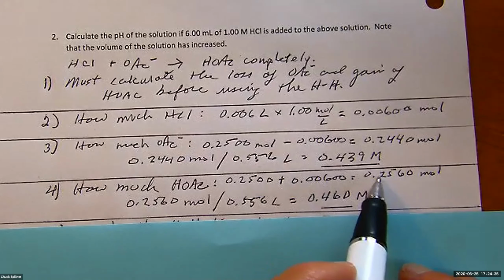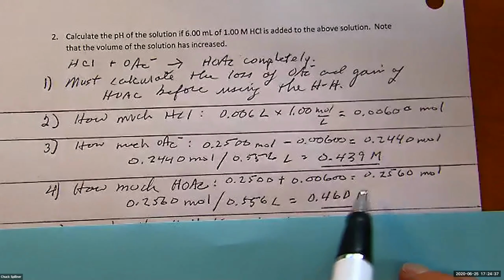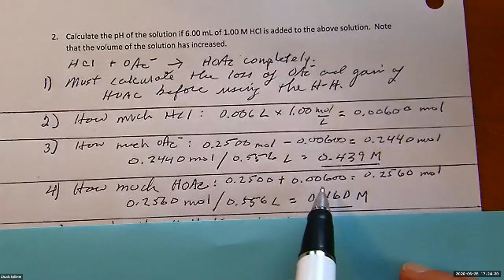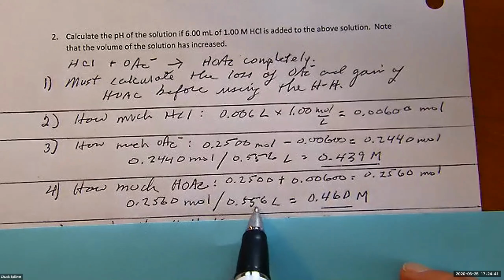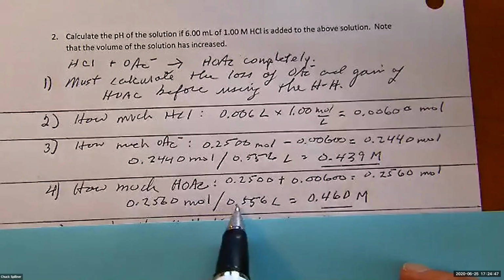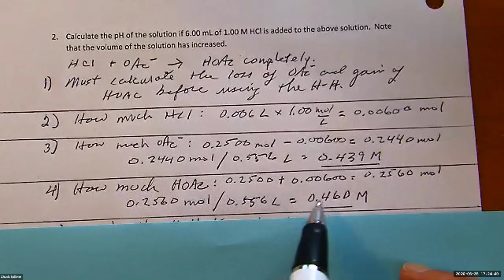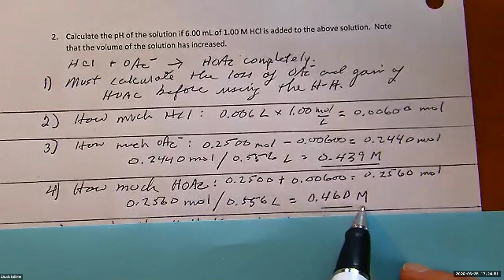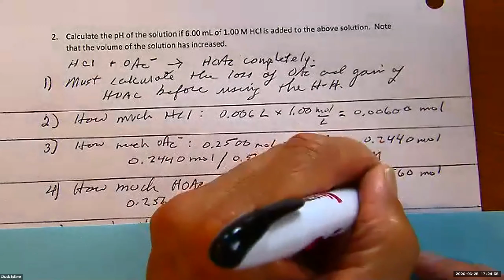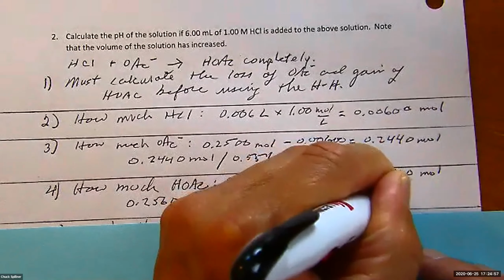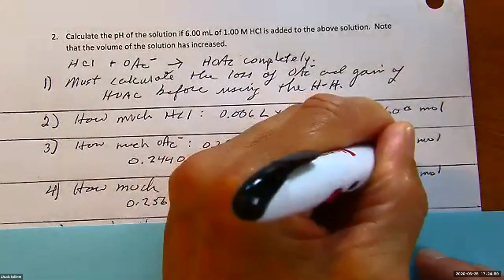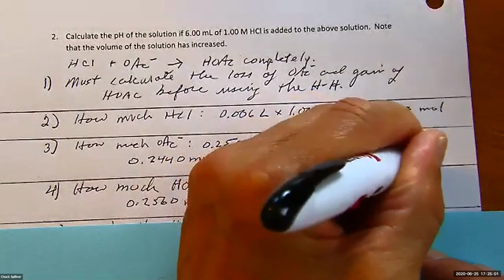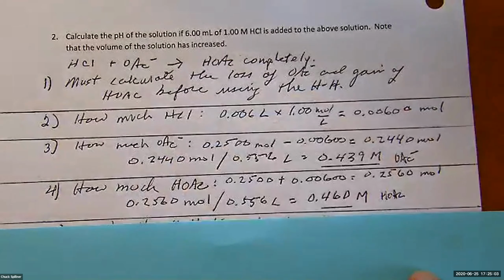That gives us 0.2560 moles of acetic acid. We're going to divide that by the new volume: 0.2560 moles divided by 0.556 liters equals 0.460 molar acetic acid. Let me write the formulas: HOAc here, and OAc minus up there.